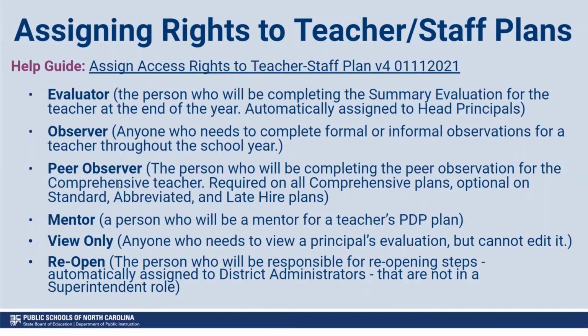The peer observer is required on anybody that is on a comprehensive plan, whether they are a beginning teacher or not. If you've assigned somebody a comprehensive plan, make sure that you've got a peer observer observation done for them, or they can't close out their plan.